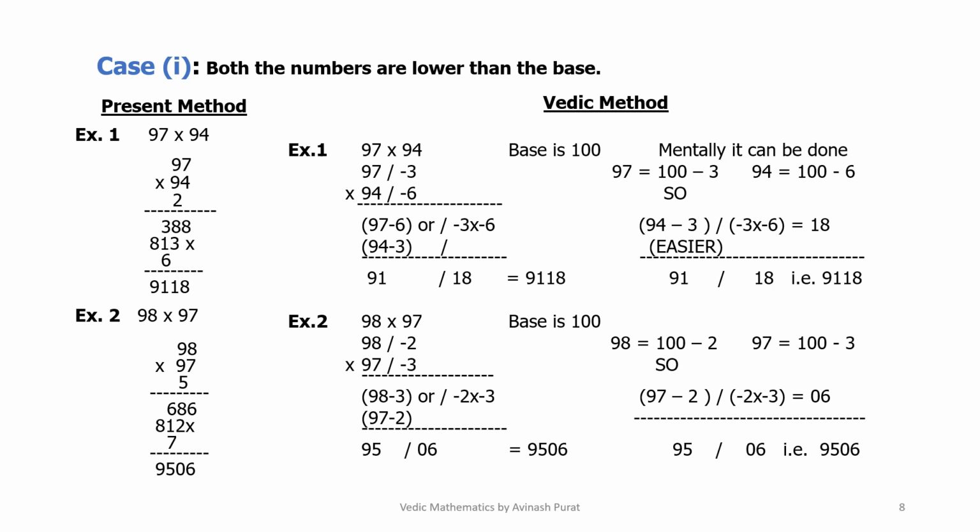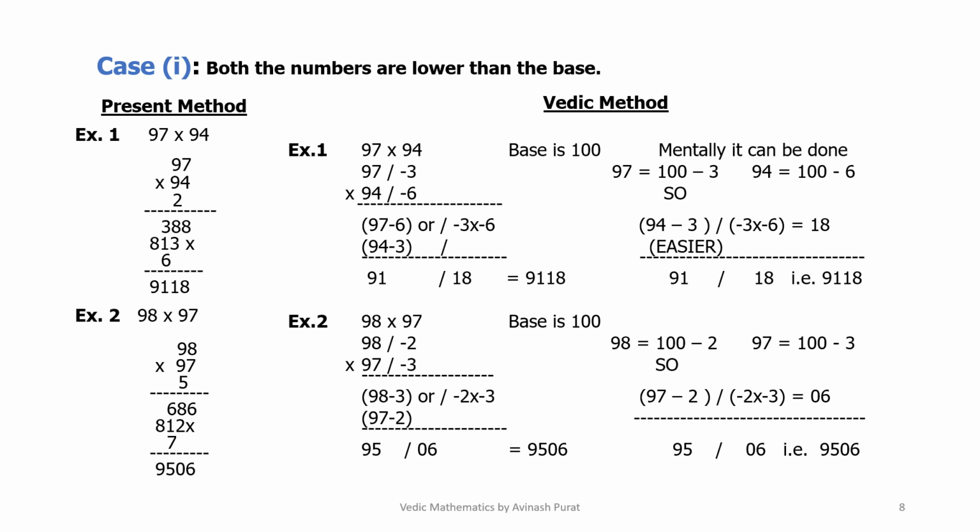Second example, 98 into 97. Again the base is 100. 98 stroke minus 2 multiplied by 97 stroke minus 3. That gives 98 minus 3, or 97 minus 2, stroke minus 2 into minus 3, which gives us 95 stroke 06, equal to 9506.